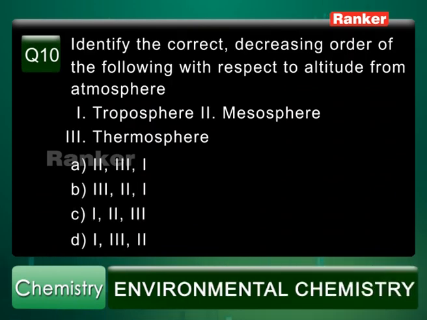Identify the correct decreasing order of the following with respect to altitude from the atmosphere. 1 troposphere, 2 mesosphere, 3 thermosphere. They gave option A 2 3 1, option B 3 2 1, option C 1 2 3, option D 1 3 2.